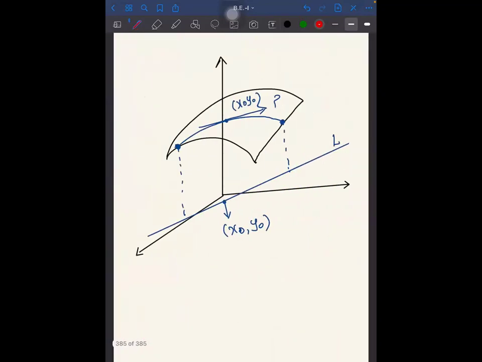Right? Are you getting this? Is it okay? So let me call this line L.